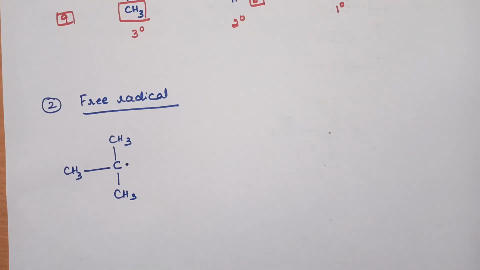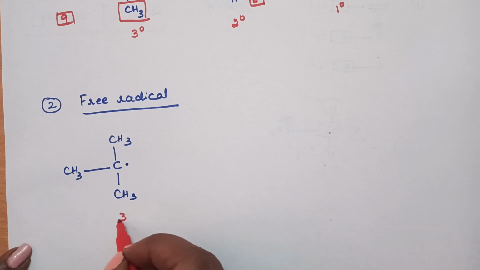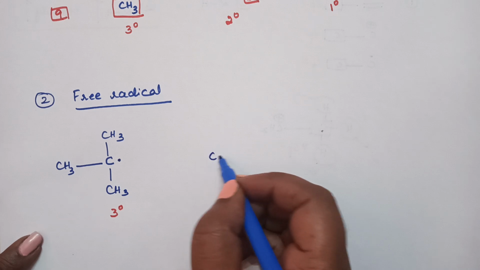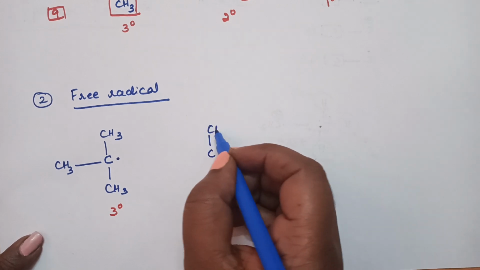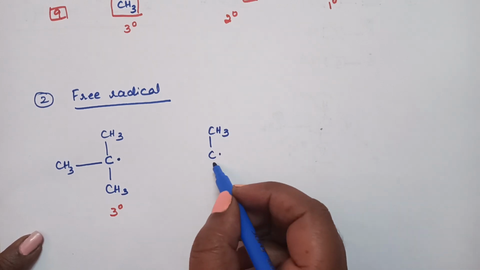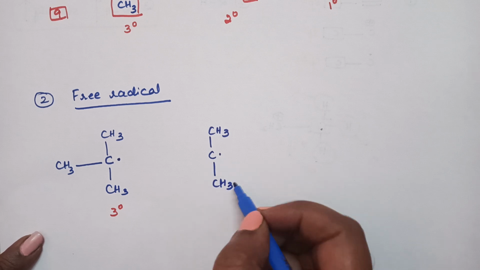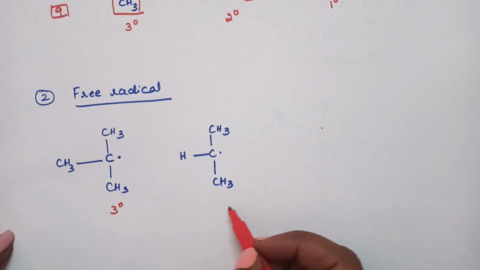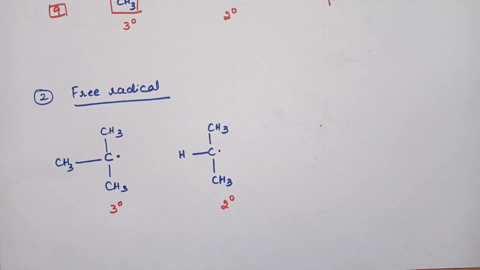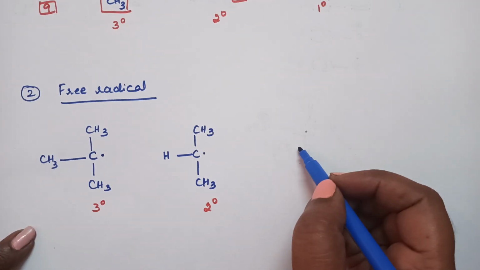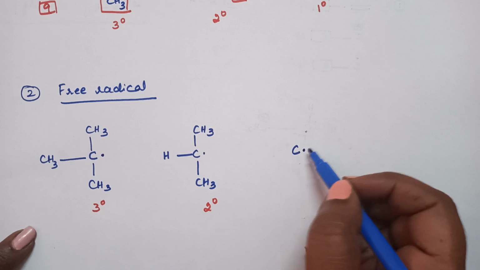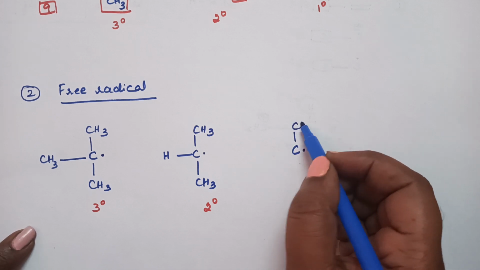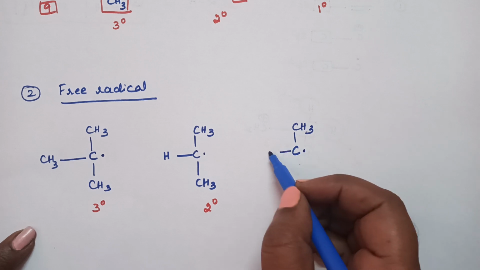So this is tertiary carbon free radical. Secondary, so you should connect with 2 methyl groups, 1 and 2. Third one should be hydrogen. So this is secondary. So next is carbon with 1 electron and only 1 methyl group. So remaining will be hydrogen.